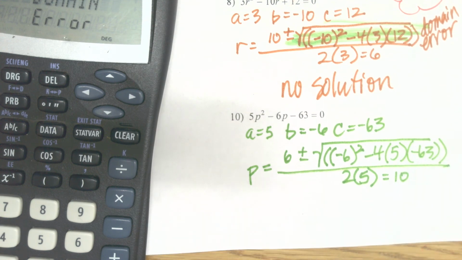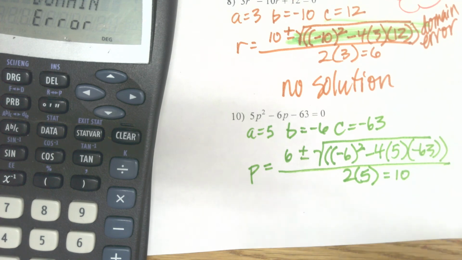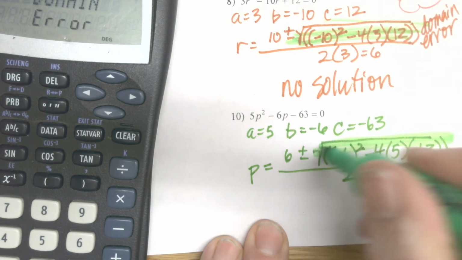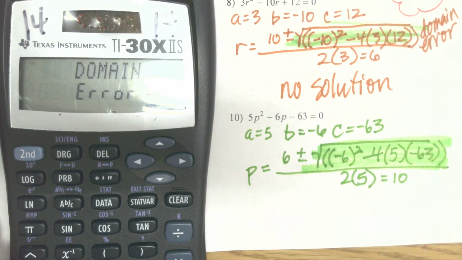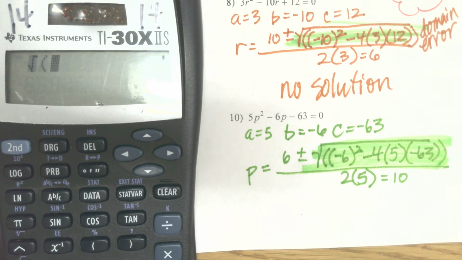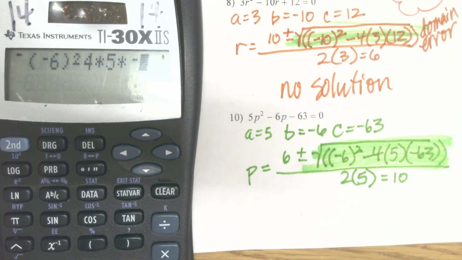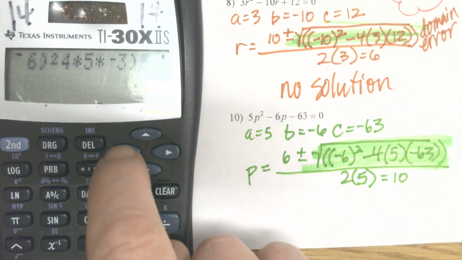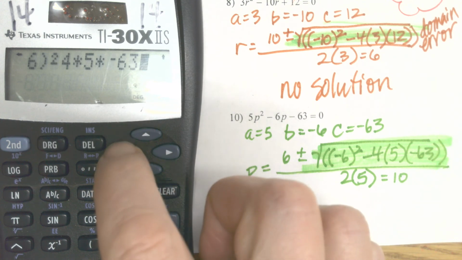That's 10, so when I plug it in my calculator, I'll use 10 that I divide by. And now I can do the square root part. Second square root, parenthesis, negative 6, end parenthesis squared, minus 4 times 5 times negative 63, end parenthesis, oops, I also missed a minus.